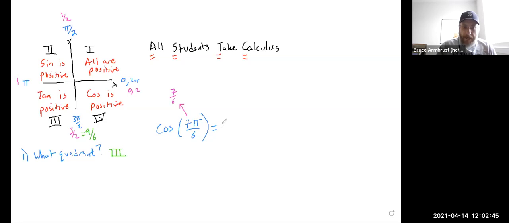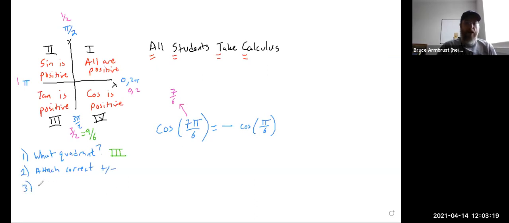So this is going to be a negative number, which means it's going to be the negative of the cosine of pi over 6. So that's the second thing I do. So once I figure out the quadrant, I attach the sign. So I'm going to put here, attach the correct plus or minus. Then I go to the first quadrant.